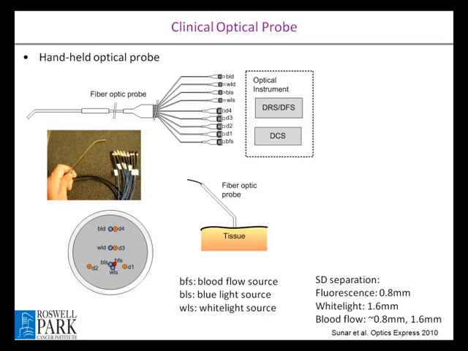The fluorescence source-detector separation will be about 800 micron, for white light we chose 1.6 millimeter, and for blood flow it is 0.8 millimeter and 1.6 millimeter. Because we have 4 channels, we had the option of multiple distances, but we don't have that luxury for the white light and fluorescence.